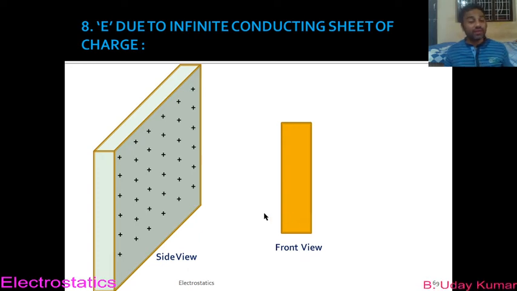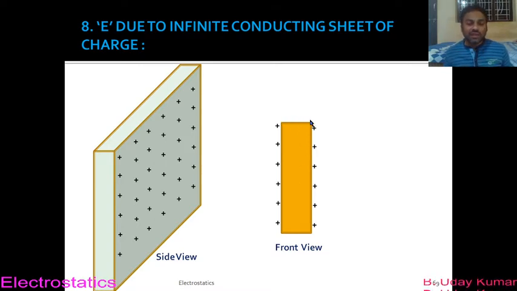Whatever charge is seen in this diagram is uniformly distributed on its surface. No charge is present inside this sheet because it is made of conductor, and why it is so we already discussed many times in our previous topics.